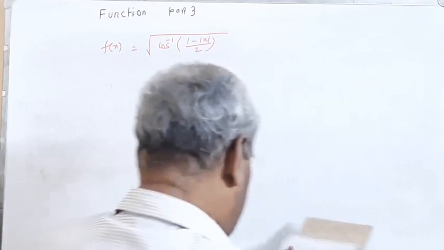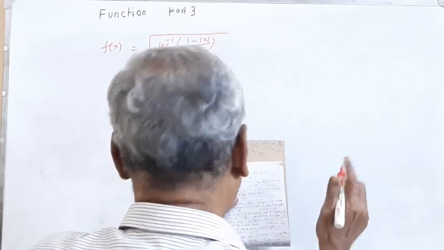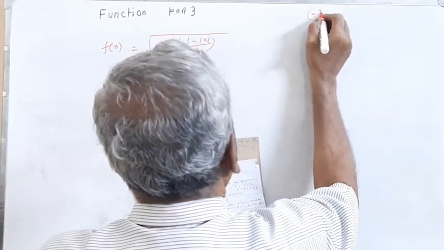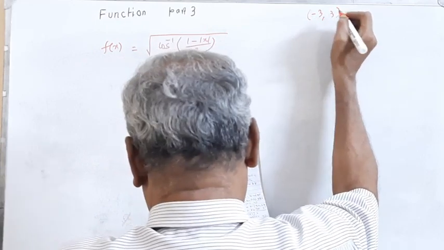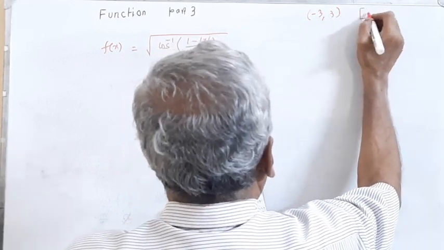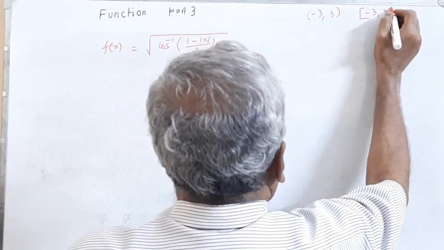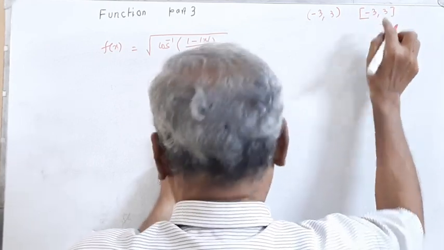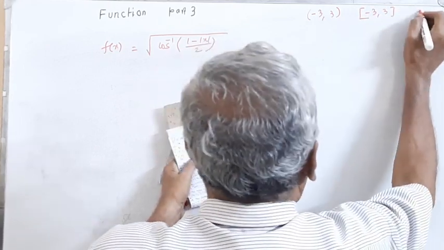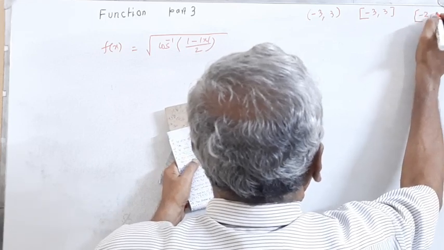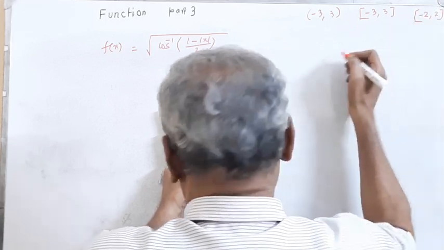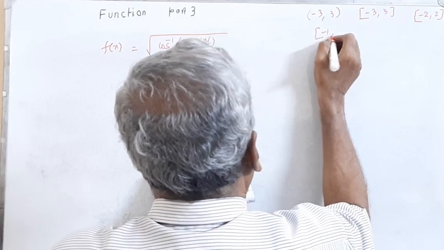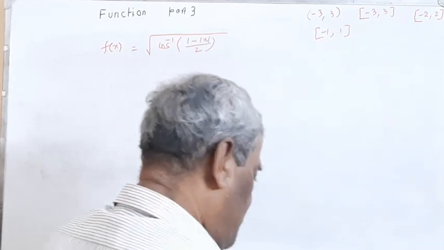The options are: closed interval minus 3 to 3, closed interval minus 2 to 2, and closed interval minus 1 to 1.